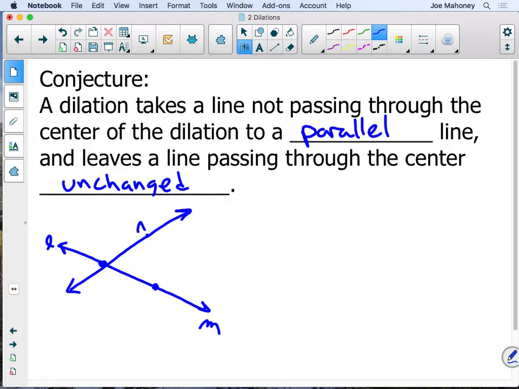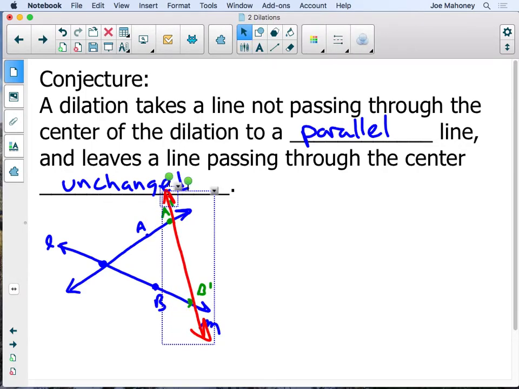So if this is point A and that's point B, maybe A prime just goes a little bit further down, as does B prime. But the line that does not pass through the center gets moved to a parallel line. That's the idea here.